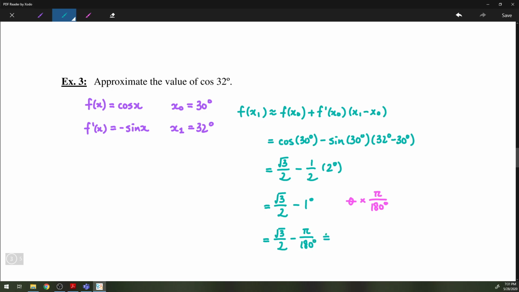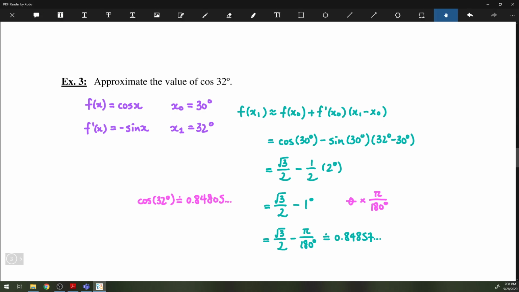And if you use a calculator to evaluate this, you'll get an approximate value of 0.84857. And the actual value of cosine of 32 degrees would be 0.84805. So again, a very good approximation.